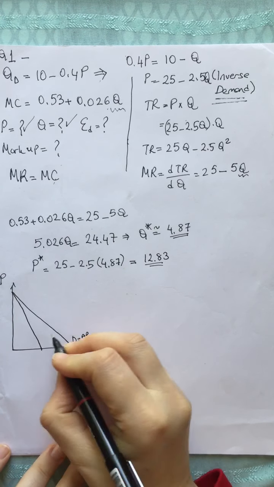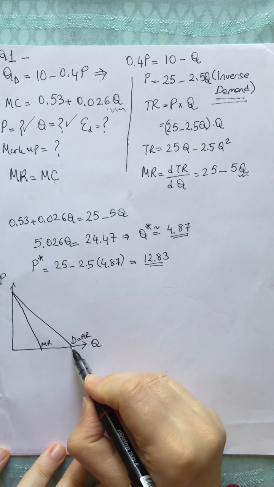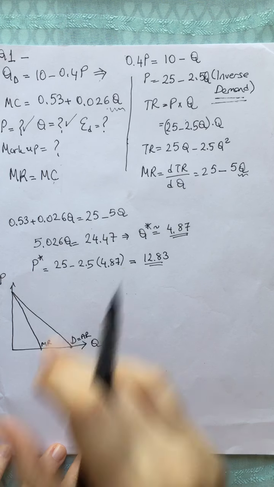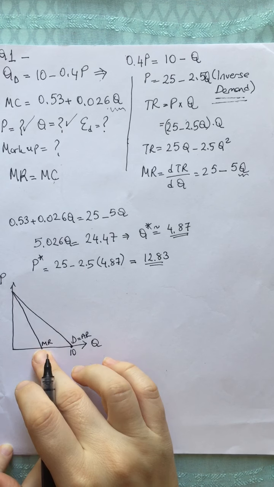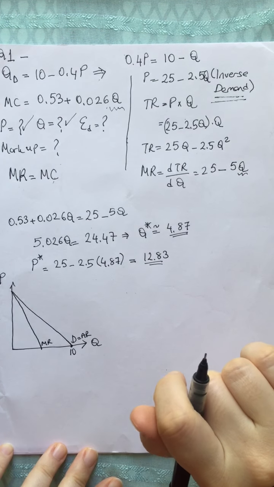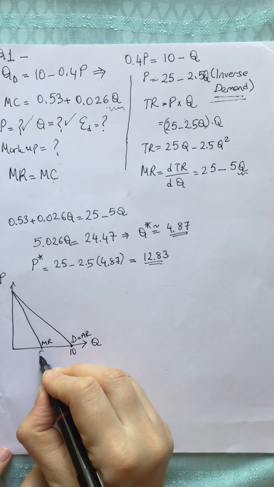Demand is also the average revenue, and this is the marginal revenue. Please remember the horizontal intercept of the demand function where p is 0 is 10. And the horizontal intercept of the marginal revenue, where marginal revenue is 0, is just 5.